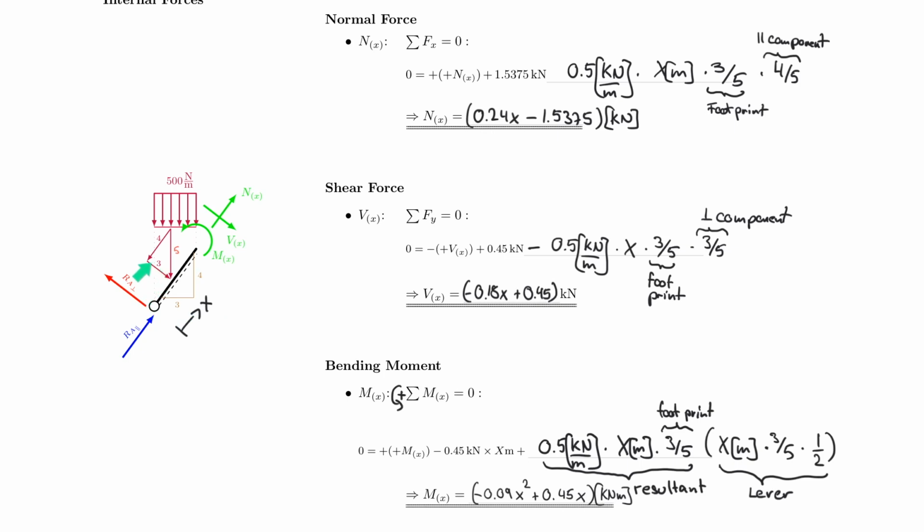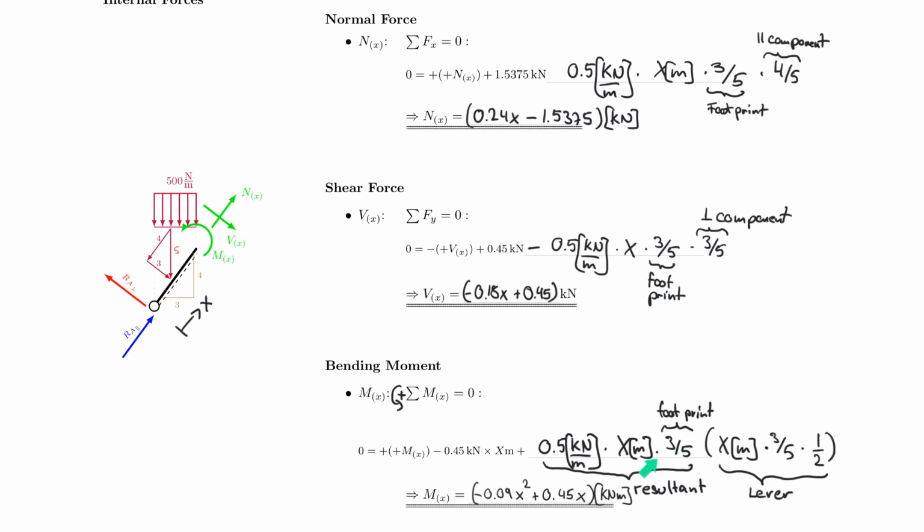For the shear force, we needed the perpendicular component. So that is this part here. But again, instead of 500 per meter, so if x is a meter long, this 500 is actually shorter, or the horizontal distance is actually shorter of the 500 Newton per meters. So therefore we use the footprint. And again, this logic is just extended for the moment calculation, where we used pretty much the same first component here.